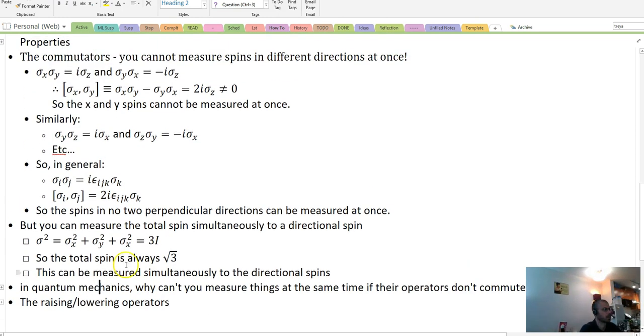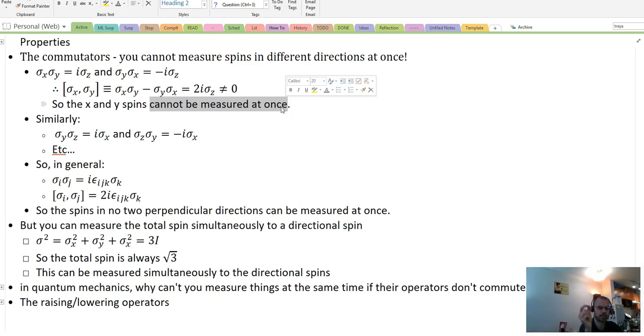All right, so I want to go into a bit more detail about these commutators. They don't commute, so I say they cannot be measured at once. I want to go into a bit more detail in this, and we'll be talking about how measurement actually alters the state of something, at least as far as we can observe with our own state, which is the wild thing.